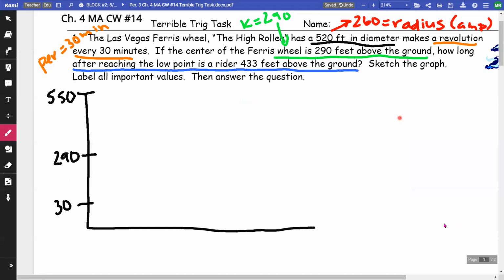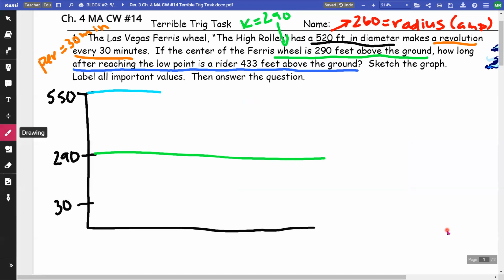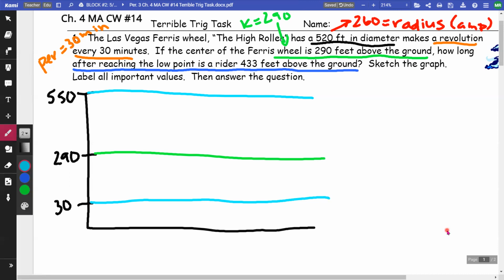So now, in this particular case, this is going to be all of my zeros. This is going to be all of my highs. This is going to be all of my lows. So we want to know after a low, how long does it take to reach 433 feet? They aren't telling us where any of this is starting.